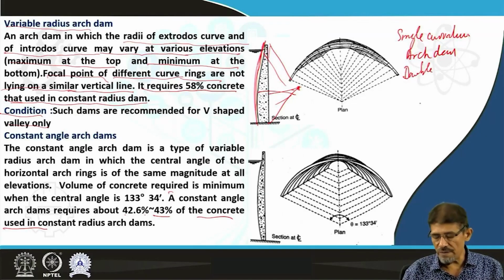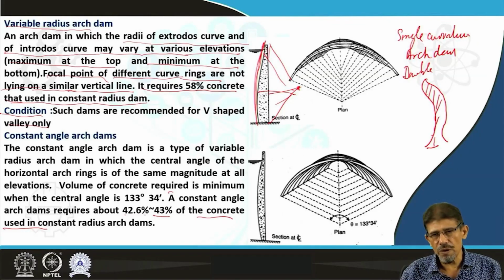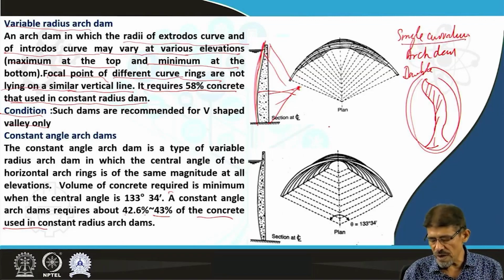In the double curvature arch dam, as the name indicates, it has a double curvature nature, unlike the single curvature. We have a good example, the Idukki Dam in South India.